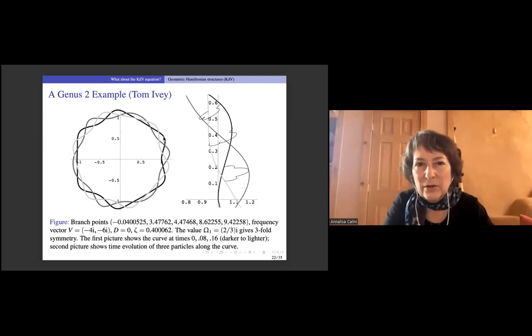The dark curve is the initial condition, the intermediate is at intermediate time, and then the lighter is at the final time. So this curve slides on itself, oscillates. It's not a rigid motion, as you can see from the track of a point on the curve, which is on the right.